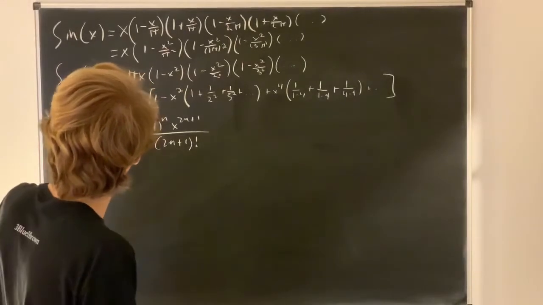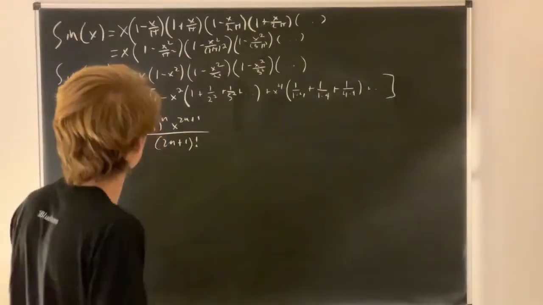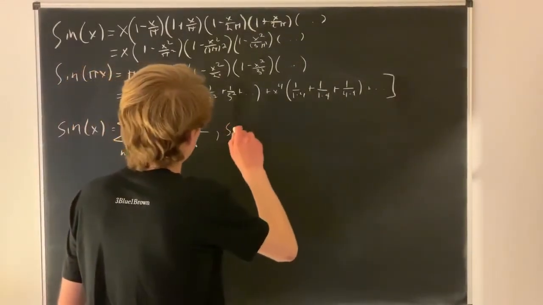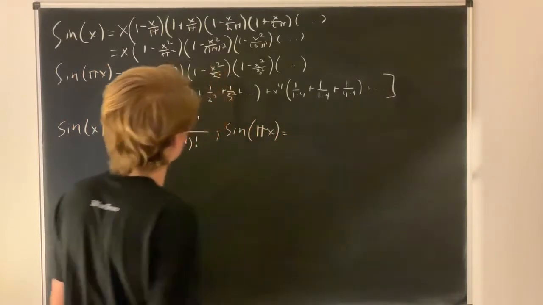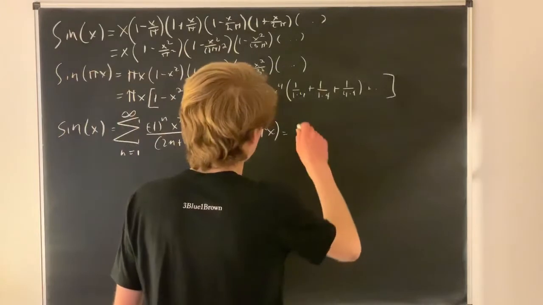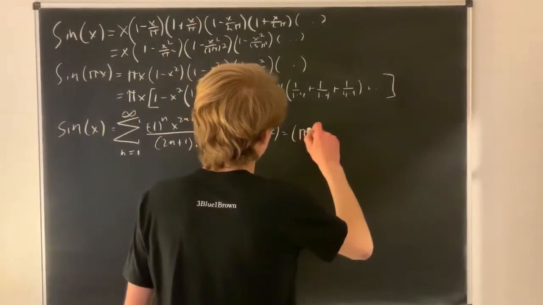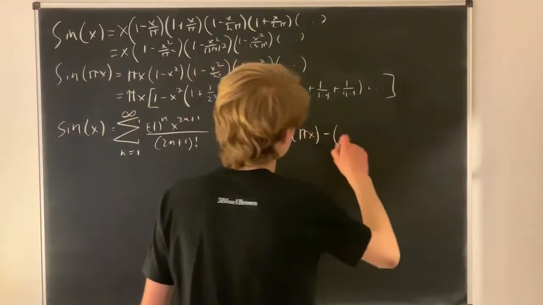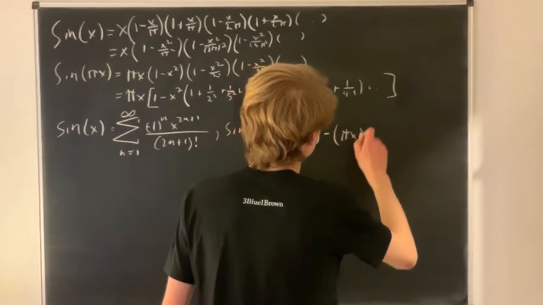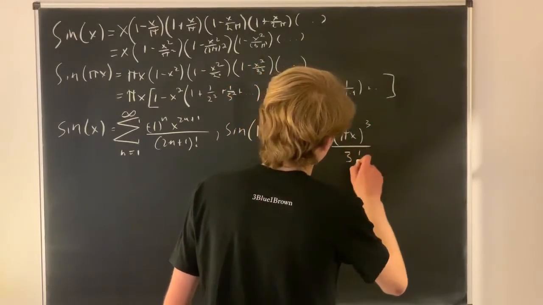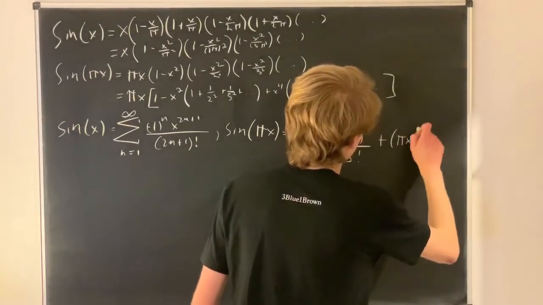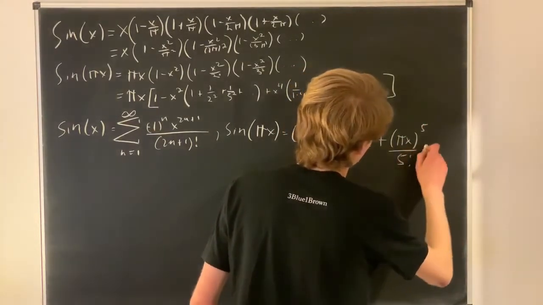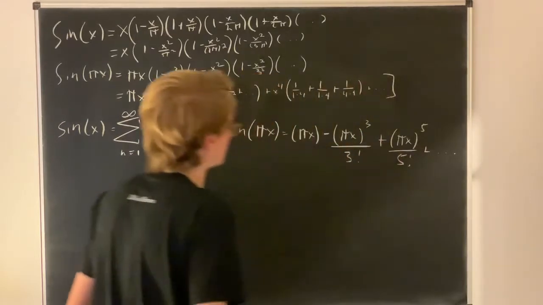But we don't want the sine of x, we want the sine of pi x. So if we plug in pi x and calculate the first few terms, we're going to get pi x minus pi x cubed over 3 factorial plus pi x to the 5th over 5 factorial, and again, infinite sum.